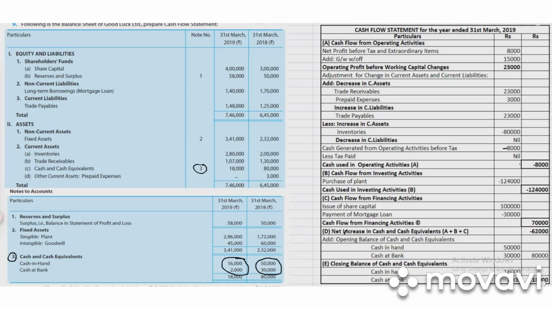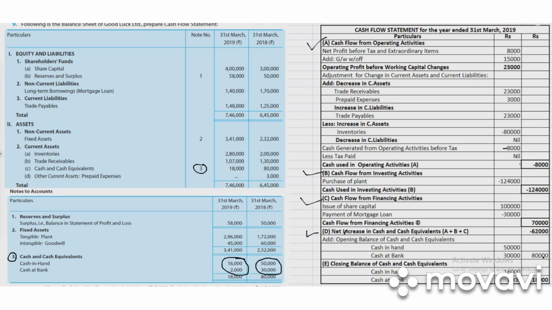A cash flow statement is basically about operating activity, investing activity, and financing activity. You can see here the first part, second part, third part. Then we take the answers together, so we get a fourth part.